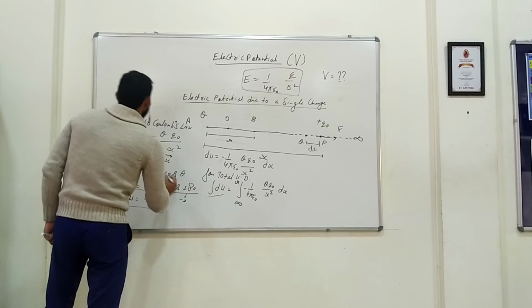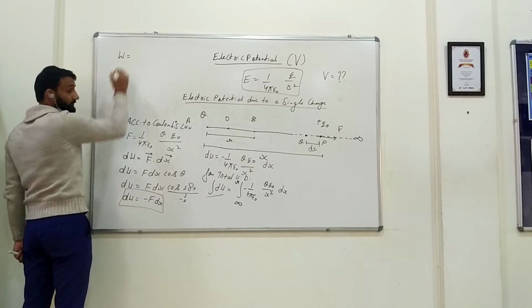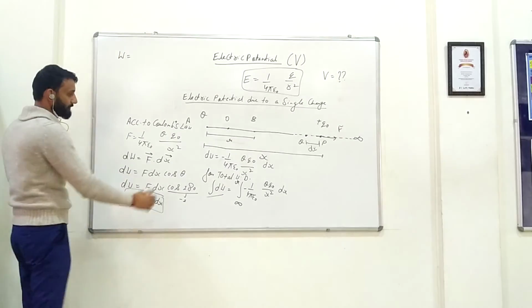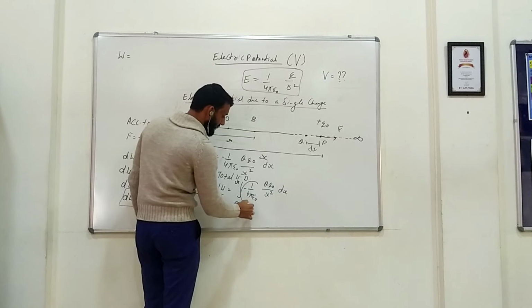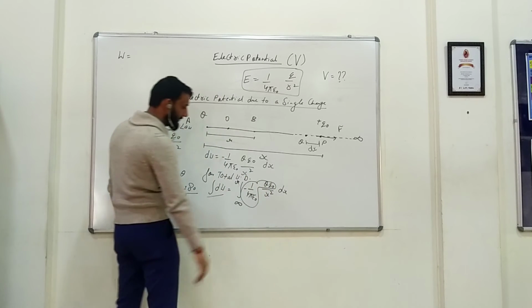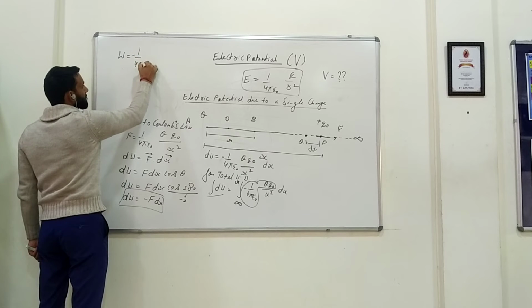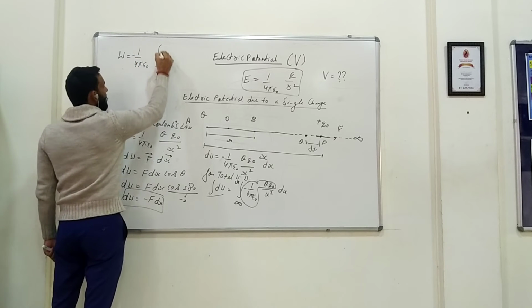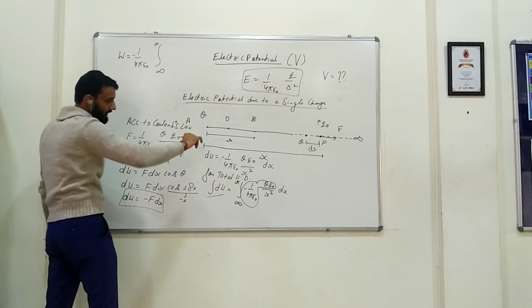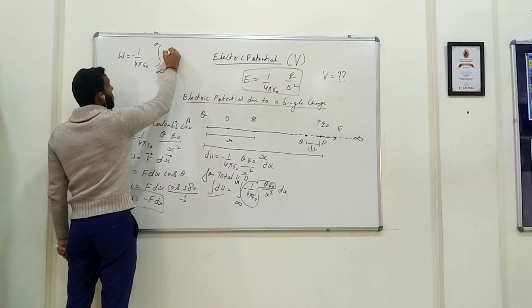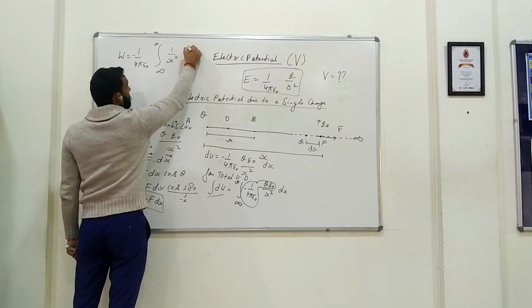Now you know the integration of this will be W is equal to, this whole thing is constant, it will come out, integration infinity to r, then you have 1 by x square dx.